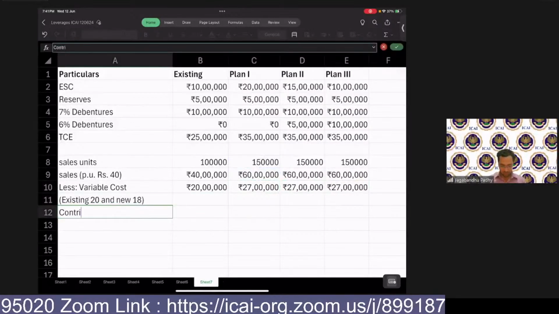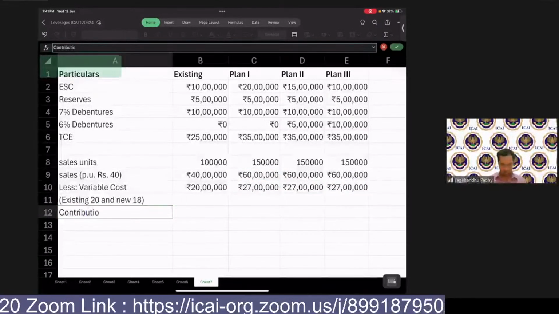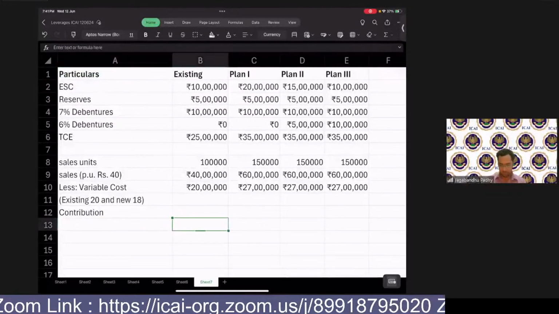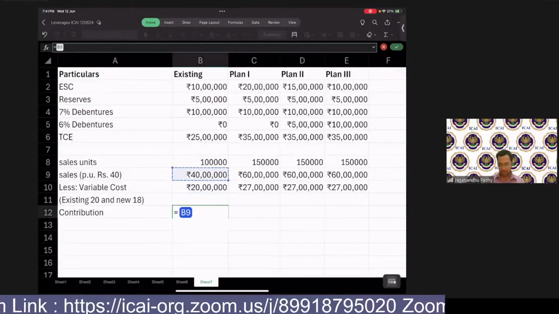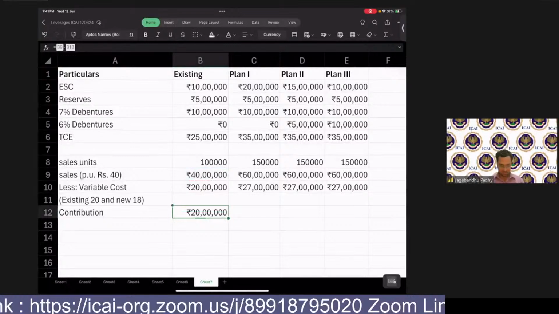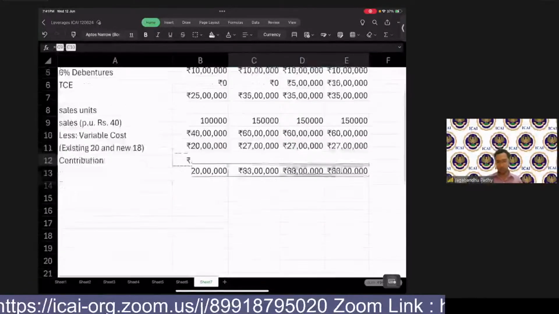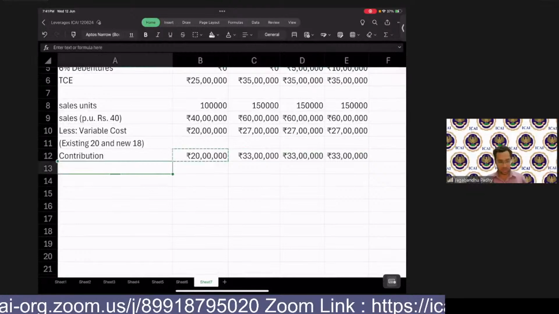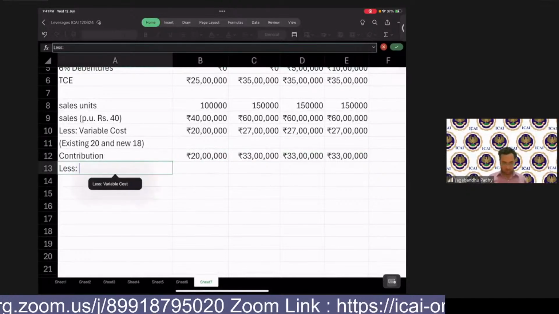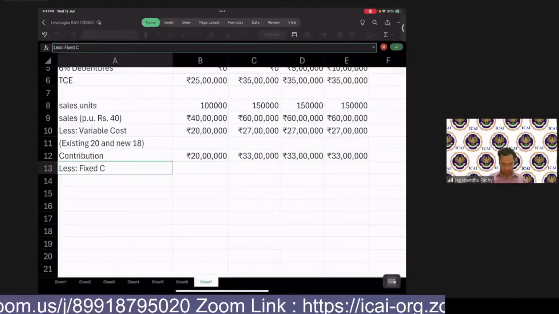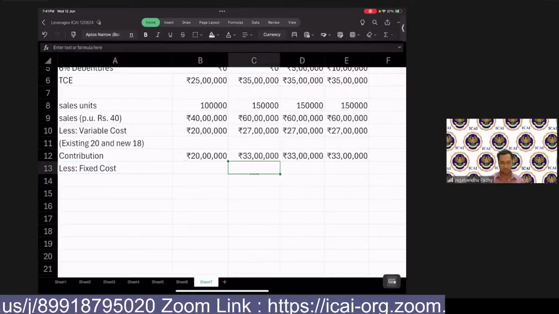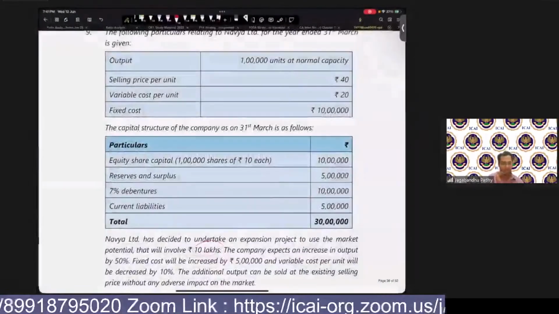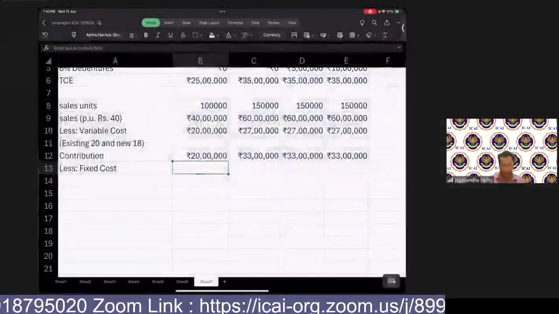From this, we get contribution. Contribution is simply your sales value minus variable cost. And then from this, you have to subtract the fixed cost. The existing fixed cost is 10 lakh.